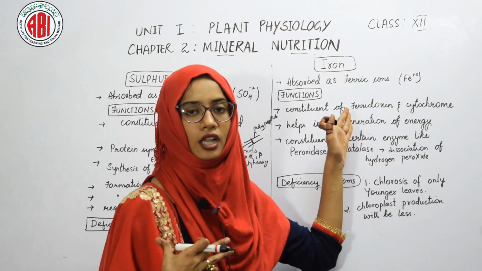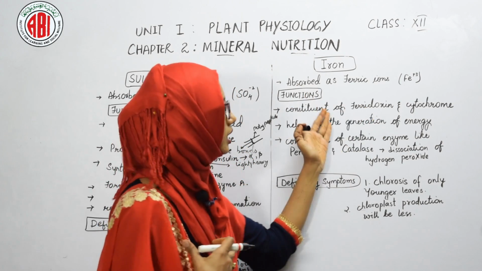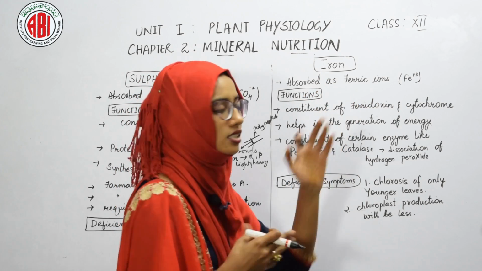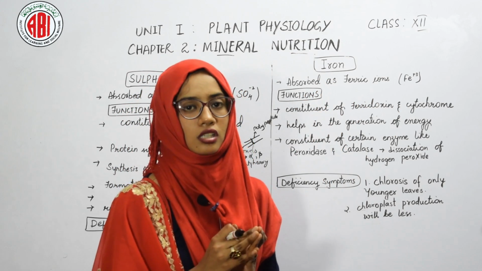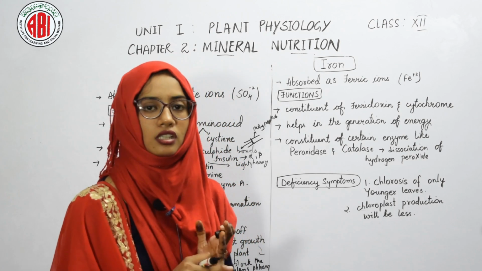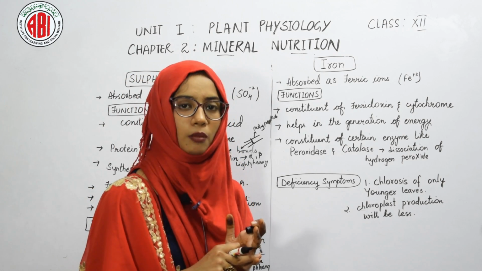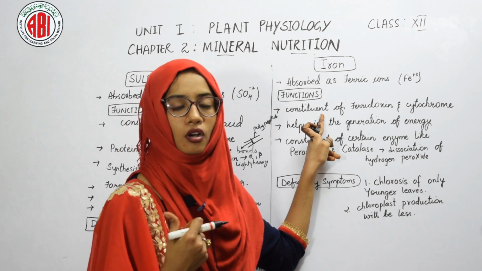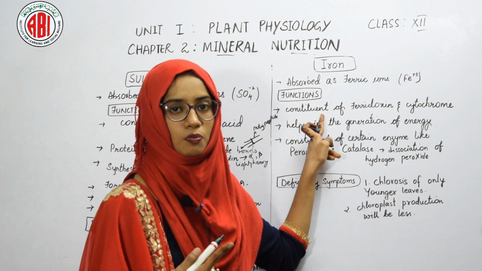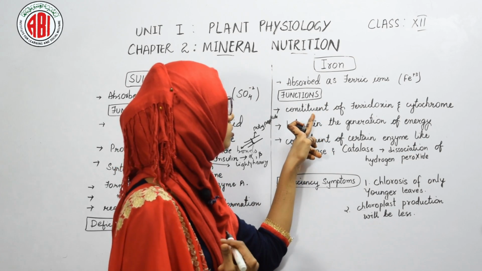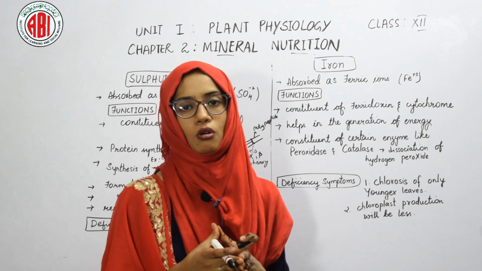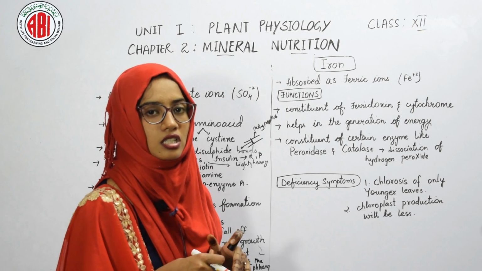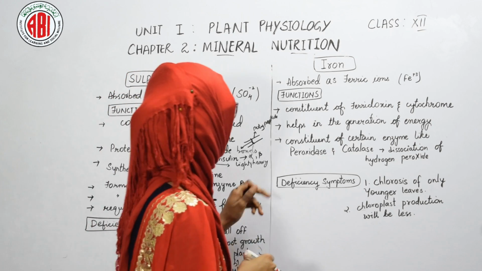These iron containing proteins help in photosynthetic as well as in the respiratory pathways, and as they help in carrying out photosynthesis and respiration, they also help in the generation of ATP, or energy, during these processes.